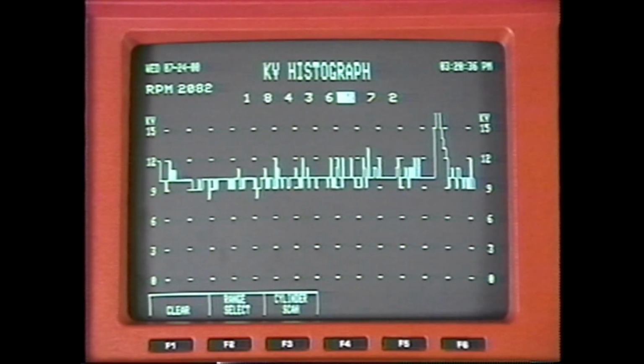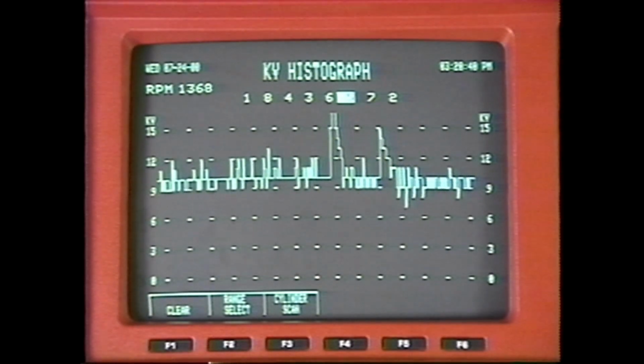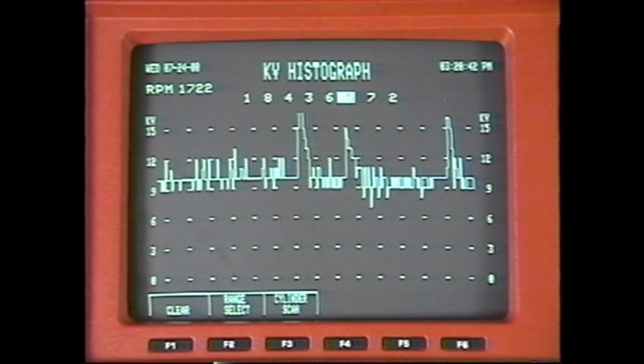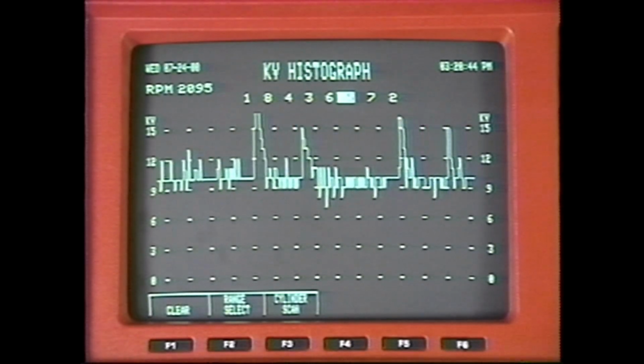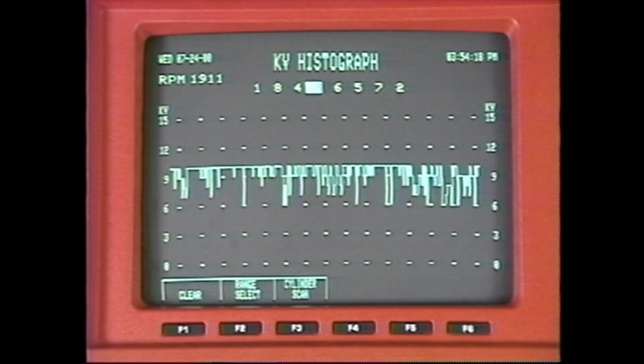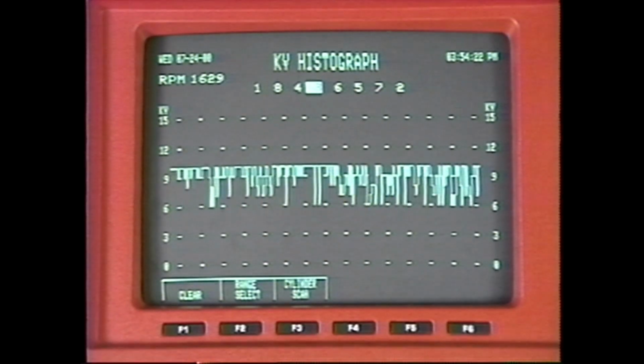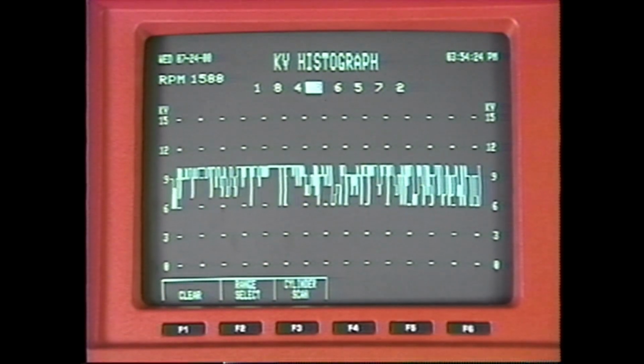If the firing voltage increases during snap acceleration, but doesn't decrease immediately when the throttle closes, there's a lot of resistance in the secondary circuit. If the firing voltage doesn't increase when the throttle opens, but decreases immediately when the throttle closes, secondary current is leaking to ground.